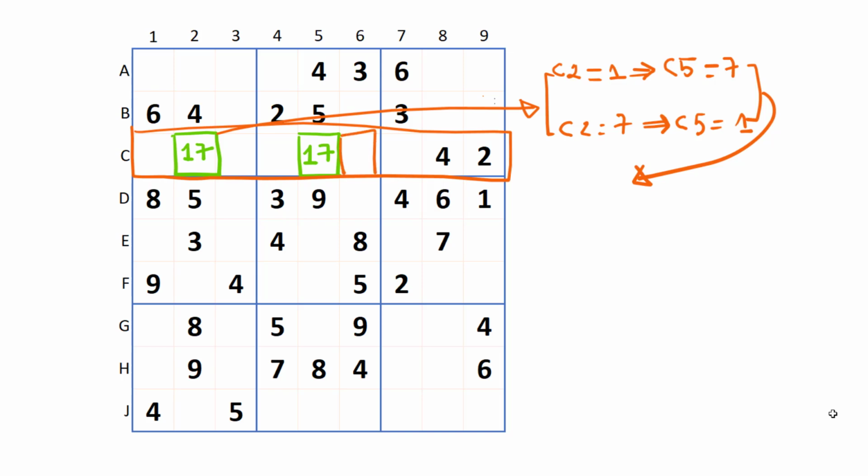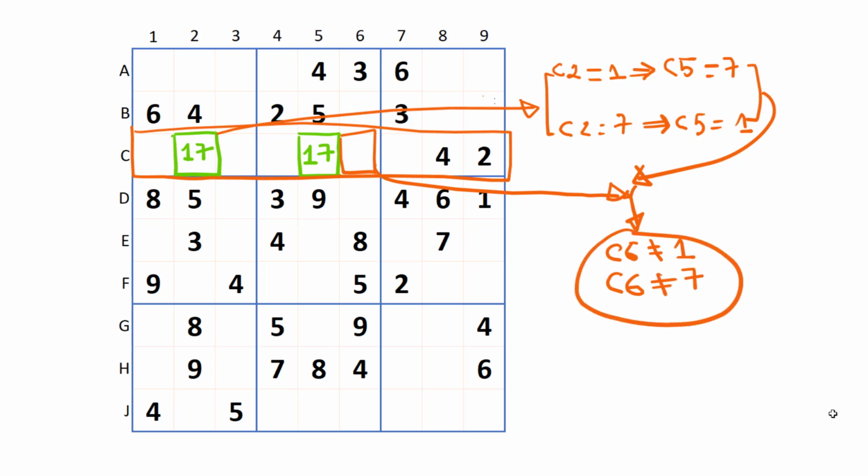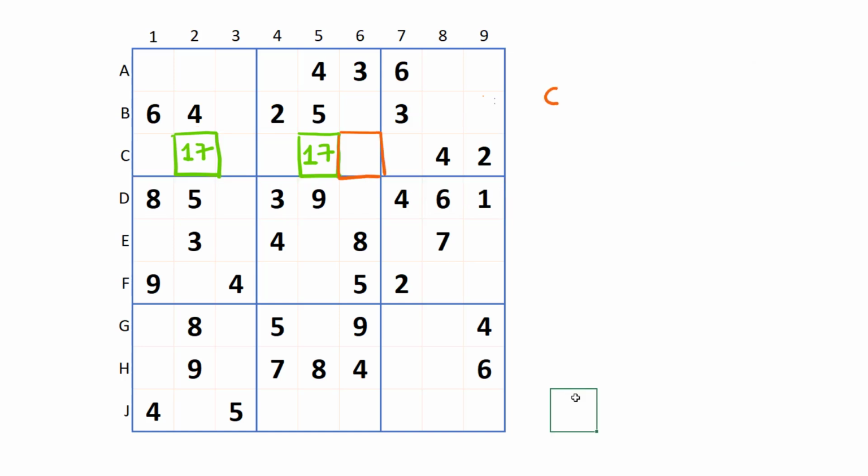In row C, I consider cell C6. Because the numbers 1 and 7 can only exist in cells C2 and C5, therefore the numbers 1 and 7 cannot exist in cell C6. Continuing to consider cell C6.